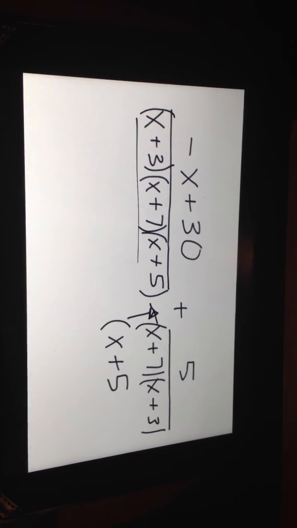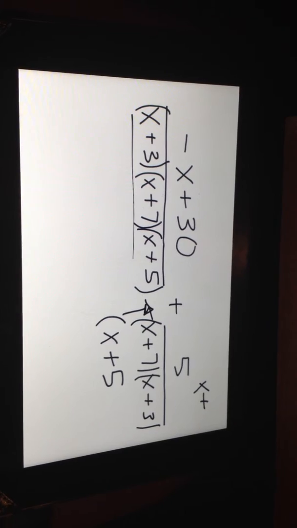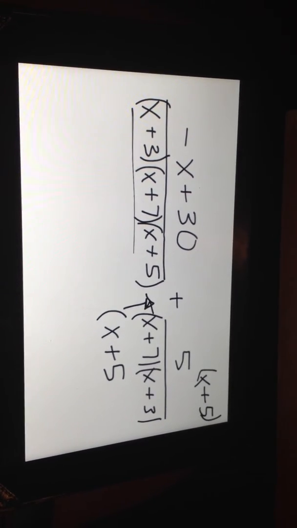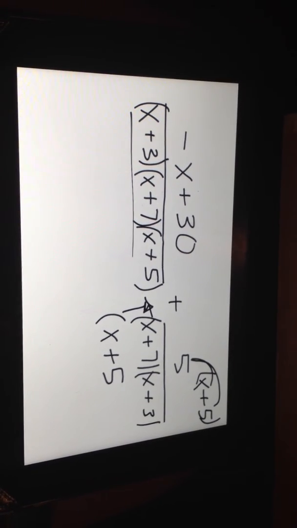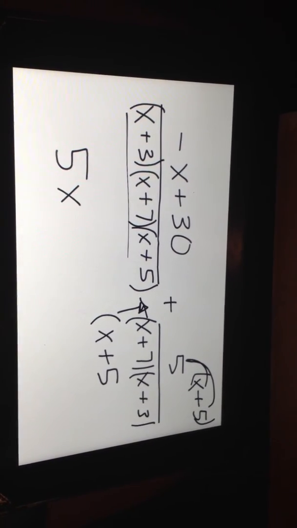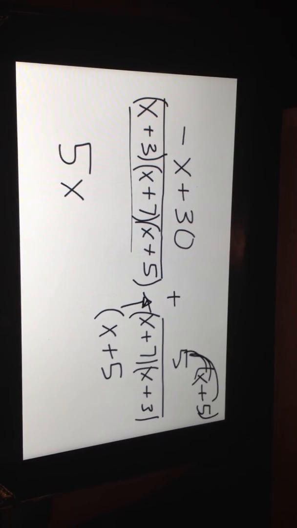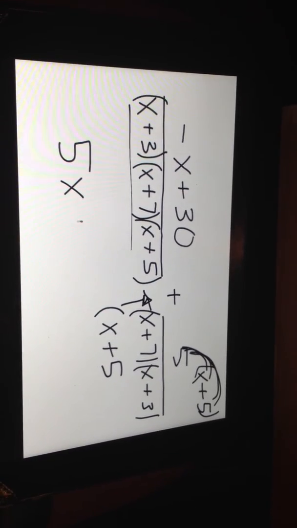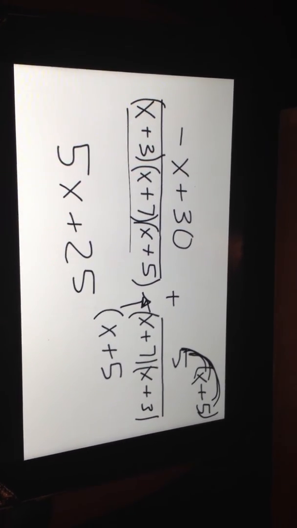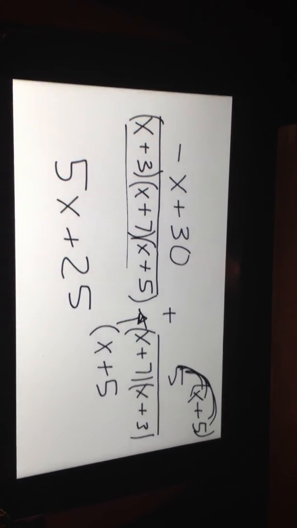And if I do it to the bottom, then I have to do it to the top. So now I distribute the 5 to both of these, and I end up getting 5x plus 25. So now I have that over the greatest common factor.